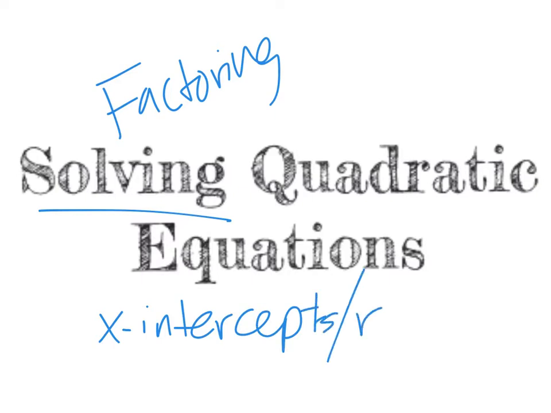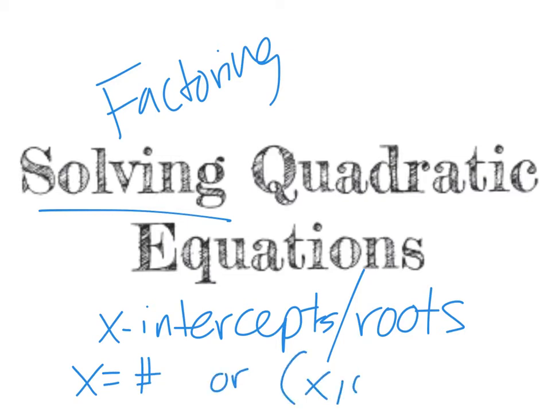X-intercepts or roots. So the solutions to a quadratic could be written as x equals a number or as an ordered pair, x, comma, 0. When we spoke about finding the solutions, this is where it crosses the x-axis, right? These are the x-intercepts.